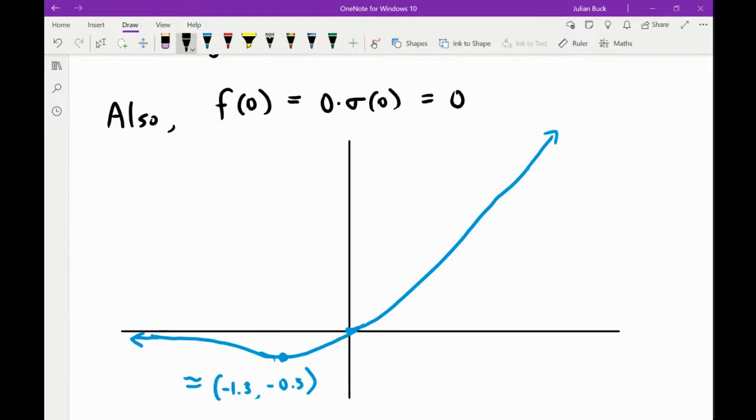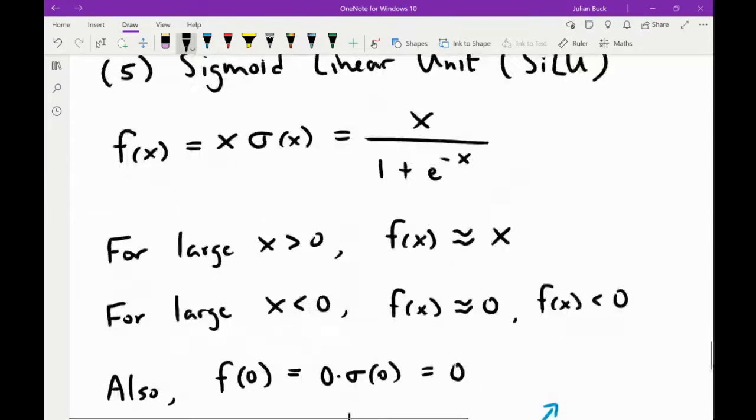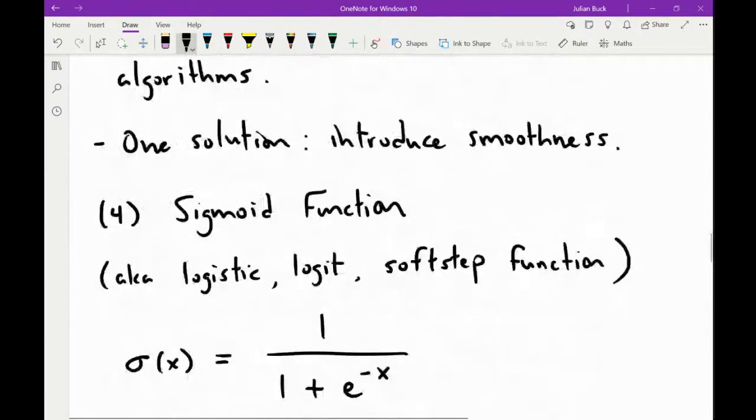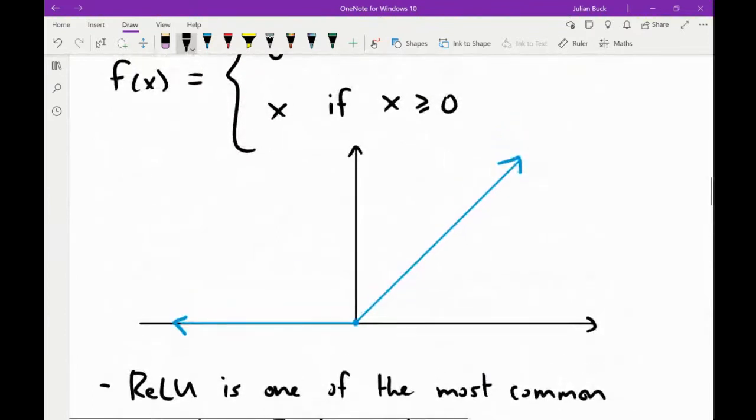So then it does, in some sense, do what you want it to do, which is be a sort of smoothed out version of the rectified linear unit. So what we're trying to do is take this function here and smooth it out at zero in a systematic way, and that's what we've basically accomplished.